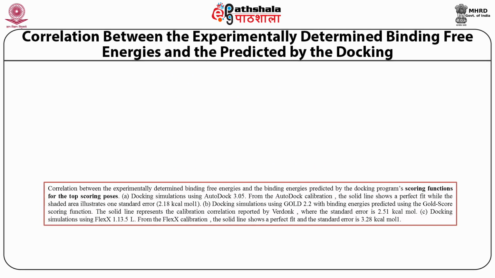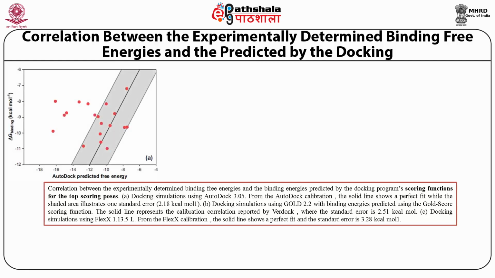Correlation between the experimentally determined free energy and that predicted by docking can be calculated by the previous equations. As you see, we have chosen very recent literature and 3 very popular software programs. One is AutoDock, shown on the top left.